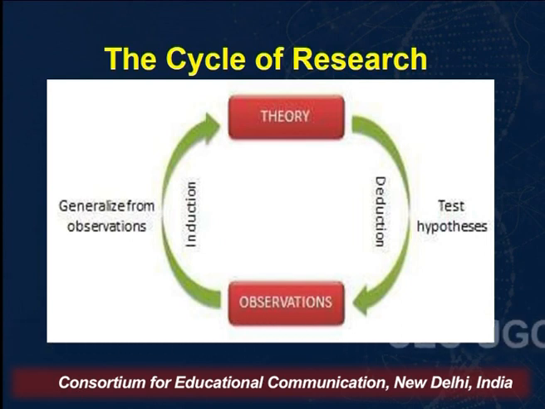We try to perform the experiments to prove or validate these theories. We collect evidences, we infer from these evidences, we make certain conclusions, and then design and induce some more theories. So this is the cyclic nature, the two levels, the theoretical and the empirical level, and the two aspects are basically deduction and induction as well.